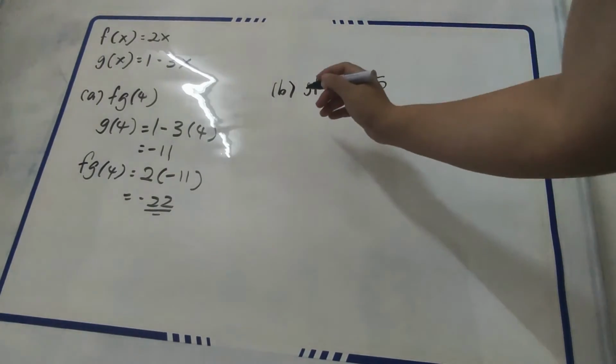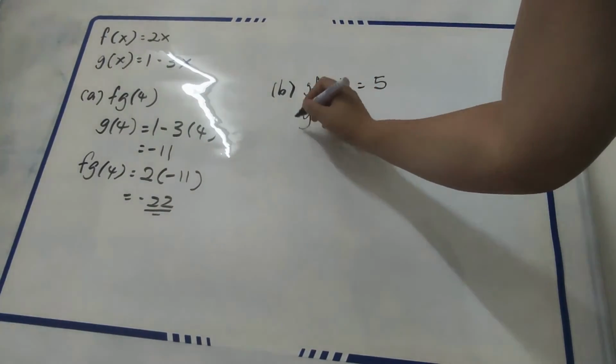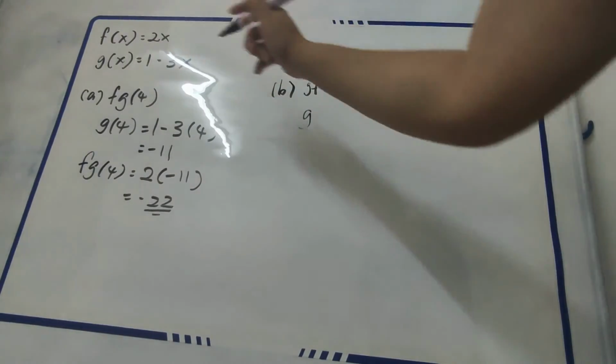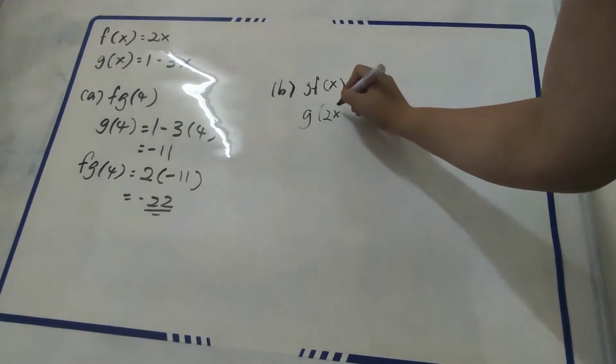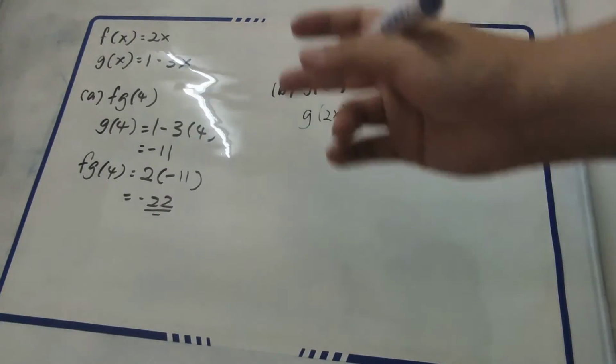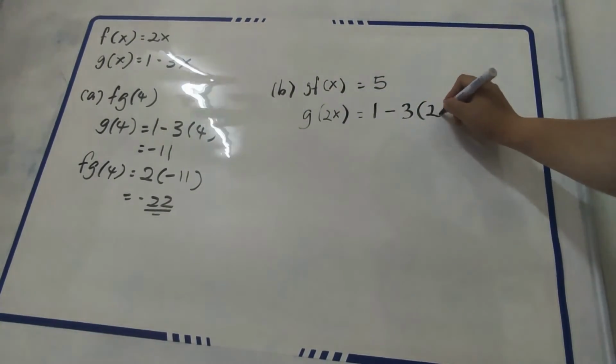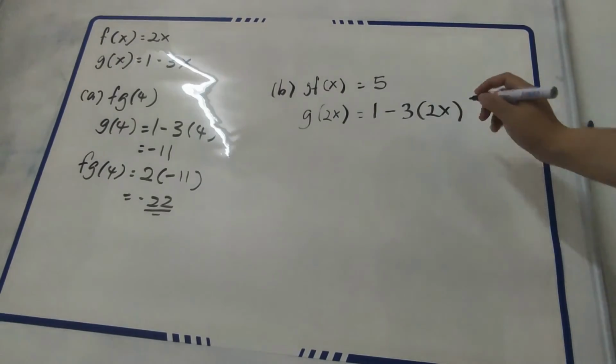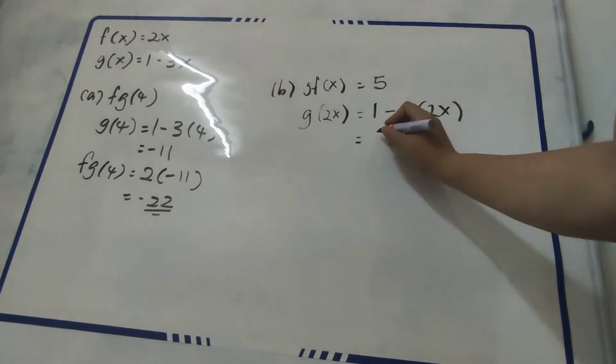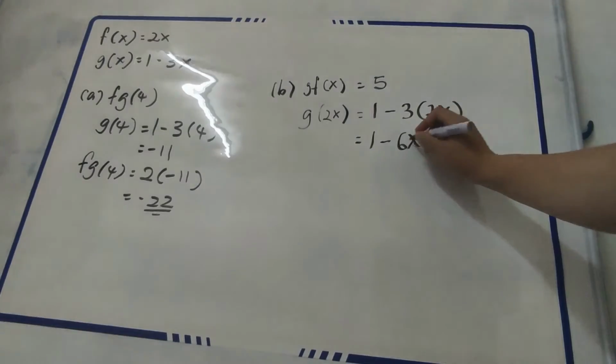Okay, find out what g(f(x)) is. For g, you have 2x inside f(x), so it equals 1 minus 3 multiplied by 2x, so it is 1 minus 6x.